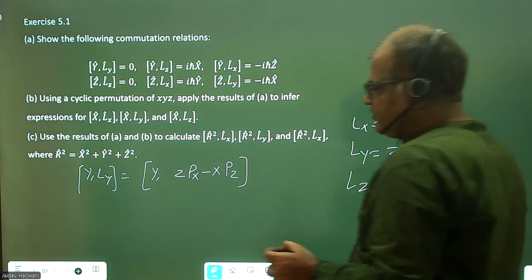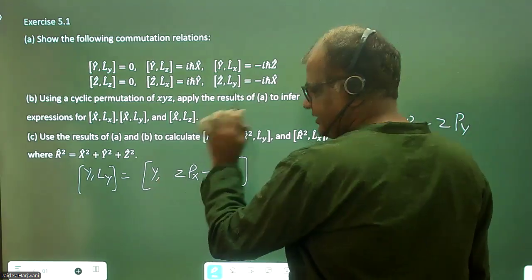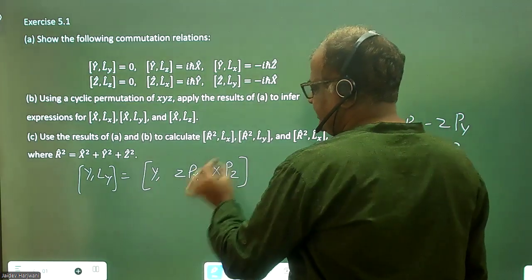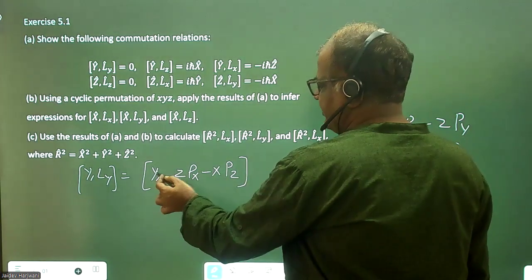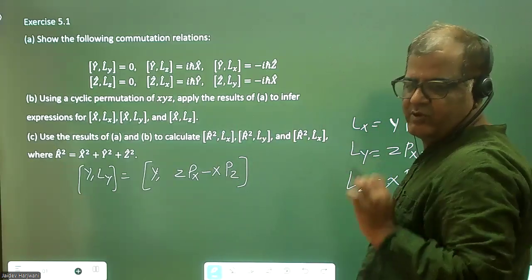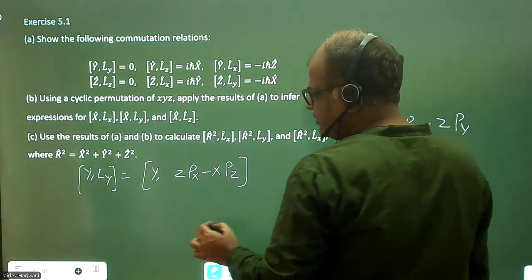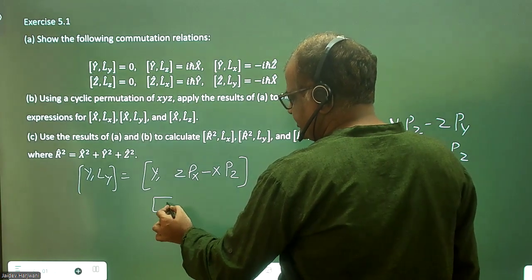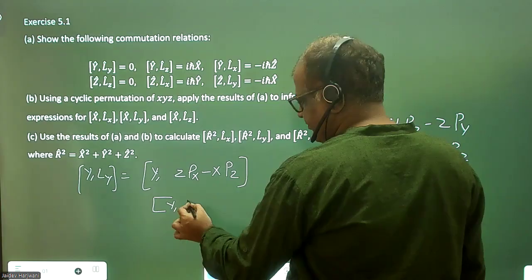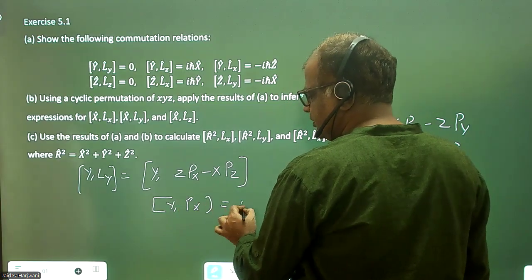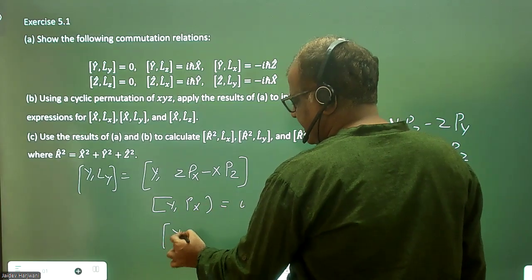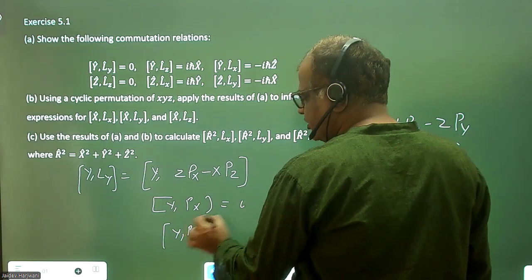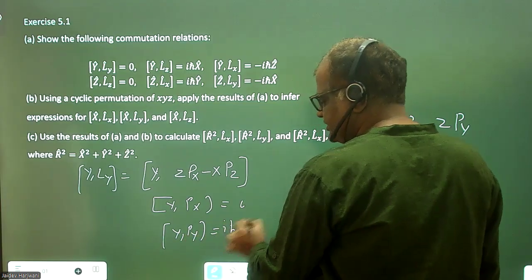So here you see y commutes with z, y commutes with px, y commutes with x, y commutes with pz. So this whole commutator will become 0. You have to remember the fundamental commutation relation. The fundamental commutation relation says y, px is 0. y, py do not commute; it is equal to iota h cut.